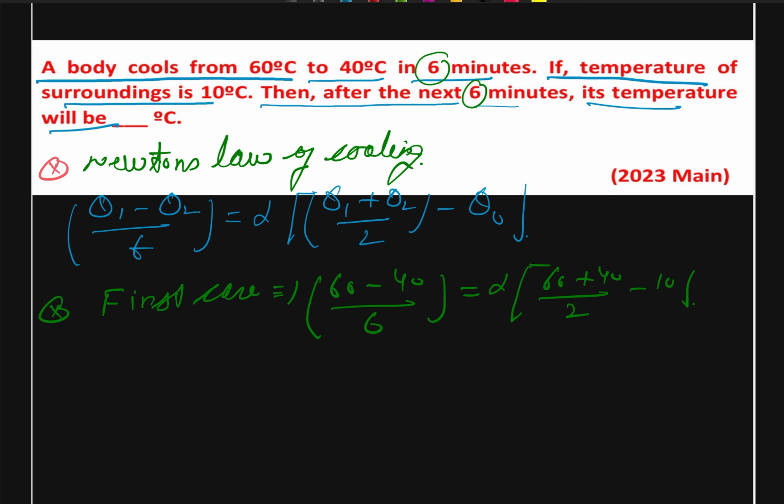Let me check whether the time is the same in both cases.